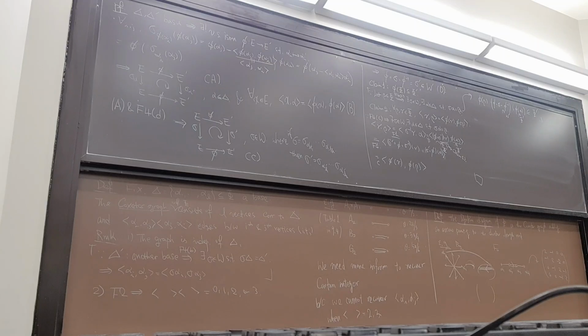So these two conditions cannot happen together. This is because if you consider alpha comma alpha, if the conditions hold together, alpha is in E prime and alpha is in P alpha, so alpha is 0, but it cannot be, right? Because alpha is non-zero. So we just need to show that if E prime is not contained in P alpha, then alpha is contained in E prime. There will be a beta in E prime not contained in P alpha, so the pairing of alpha and beta is non-zero.